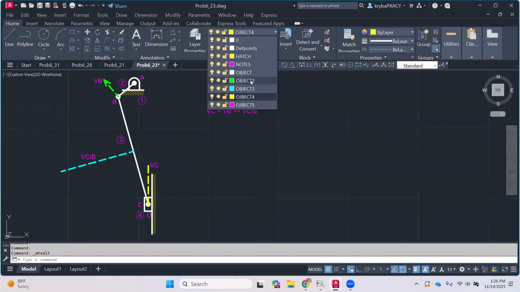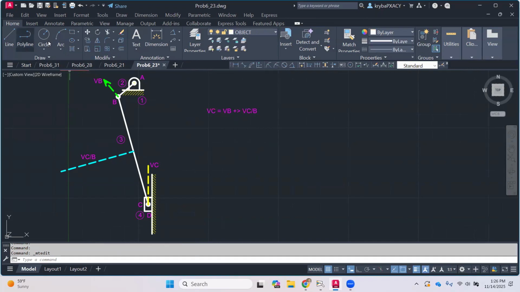And then I'm going to go back to my object line layer, and I'm going to create my origin. So I'm going to put it here, make sure that they're horizontal and vertical lines so that it looks like an obvious origin. And now what I'm going to do is start where I know the most information.